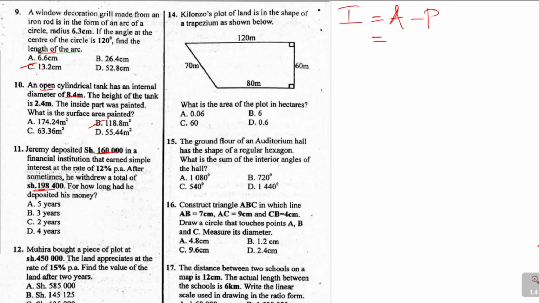This person invested 160, then he was able to withdraw 198. You can see there's that increase. That increase in the amount is what is represented by the interest. So we take 198,400, then subtract 160,000. So this will give 38,400. That is the interest.